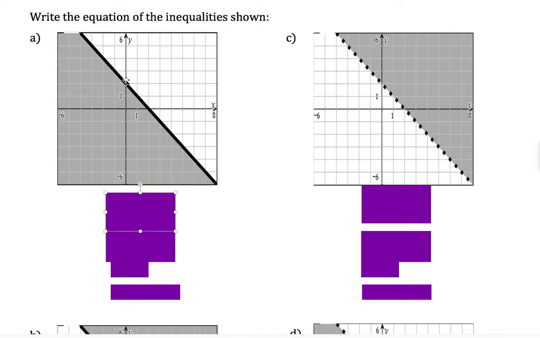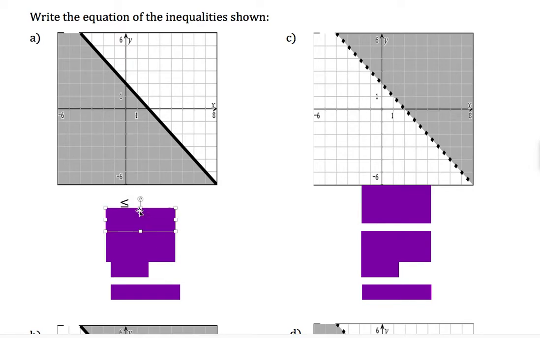And we know that our slope is going down, because when we move from left to right, we're decreasing. And we know that our y-intercept is at +2 here. We're going down 1 and to the right 1, so our slope is just going to be -1.